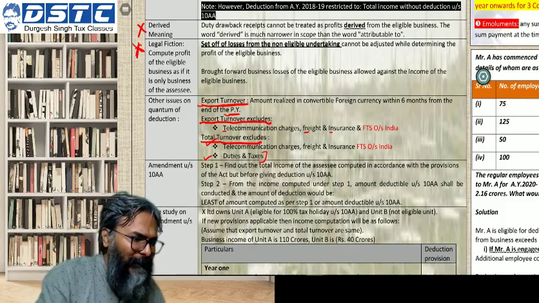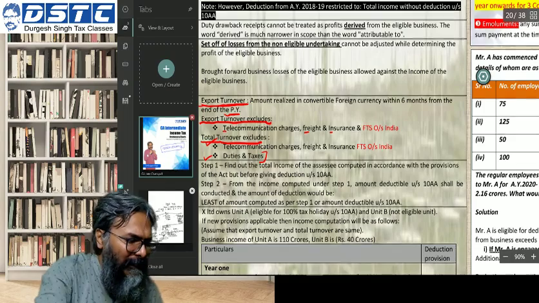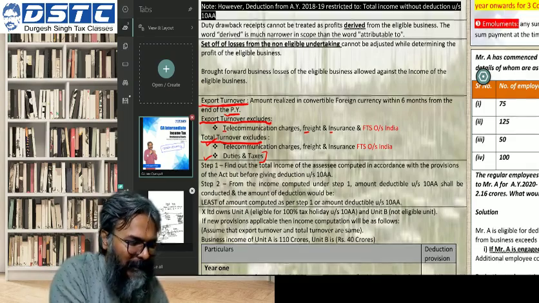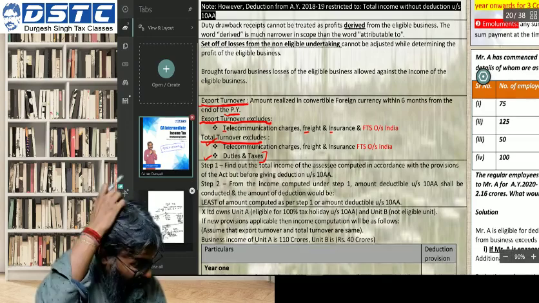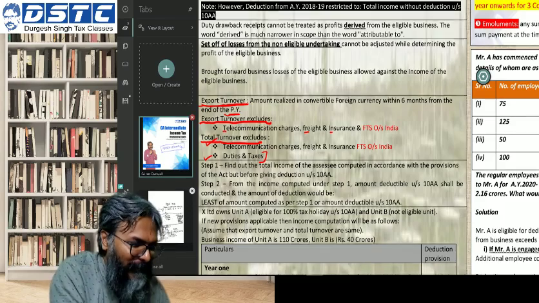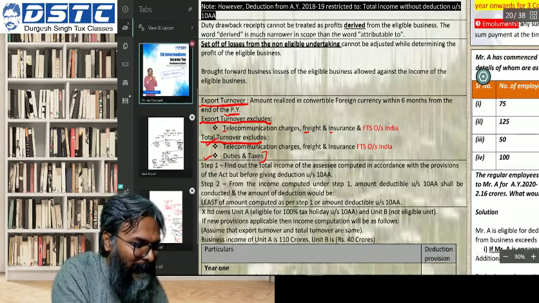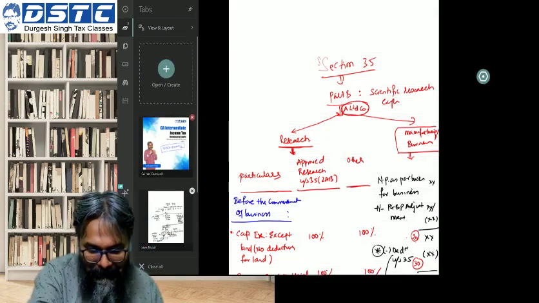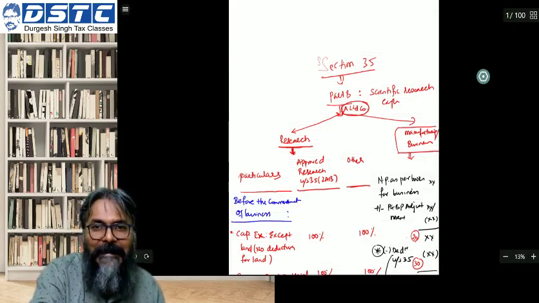Those queries like printing and all are CBDT circulars that we have discussed in final CA. Otherwise inter CA students will get frightened, so just have some mercy on them.